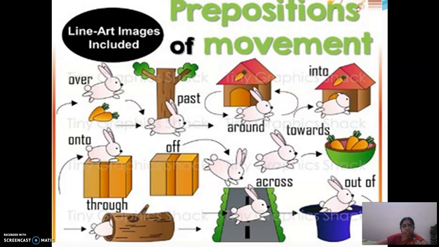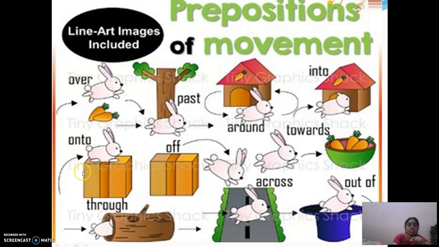The next picture shows past the tree: the rabbit passed the tree. And the rabbit ran around the, what is that, kennel, it seems to be a dog's kennel. Next, the rabbit went into the kennel. See the arrow mark here, it is going into the kennel.